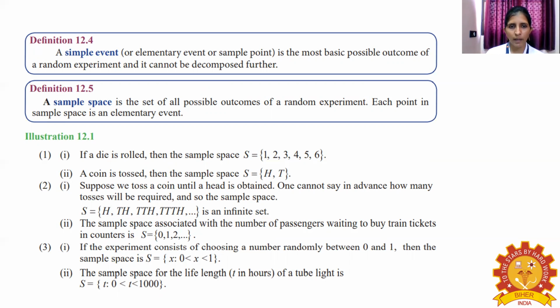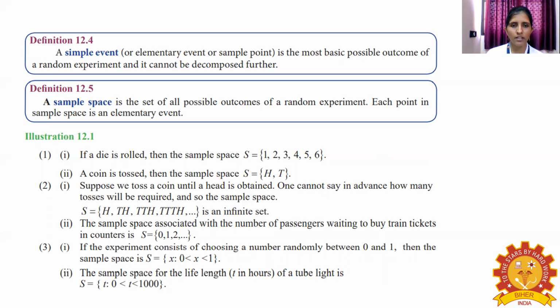The sample space associated with the number of passengers waiting to buy train tickets at the counter is S equal to {0, 1, 2 and so on}. Okay, so 0 specifies there are no passengers, 1 specifies there is one passenger waiting to buy a train ticket, and 2 denotes two passengers waiting to buy train tickets.